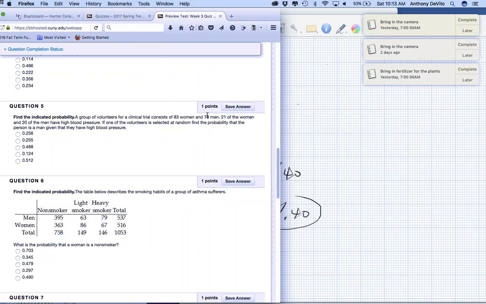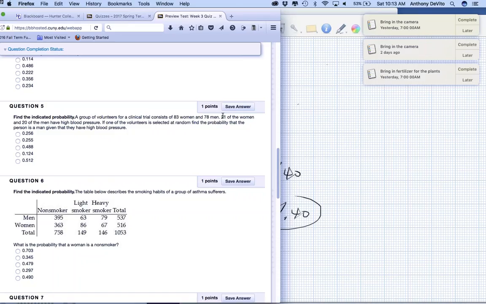We have 21 women and 20 men who have high blood pressure. So we have 41 people with high blood pressure. Well, now we're only counting people that have high blood pressure.